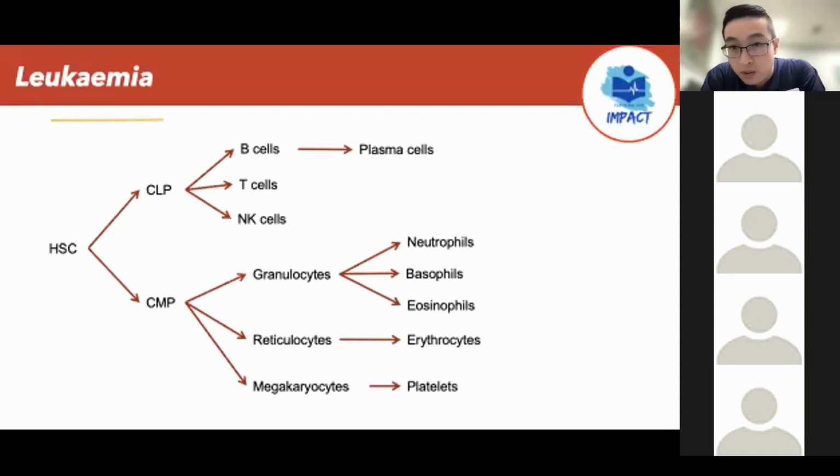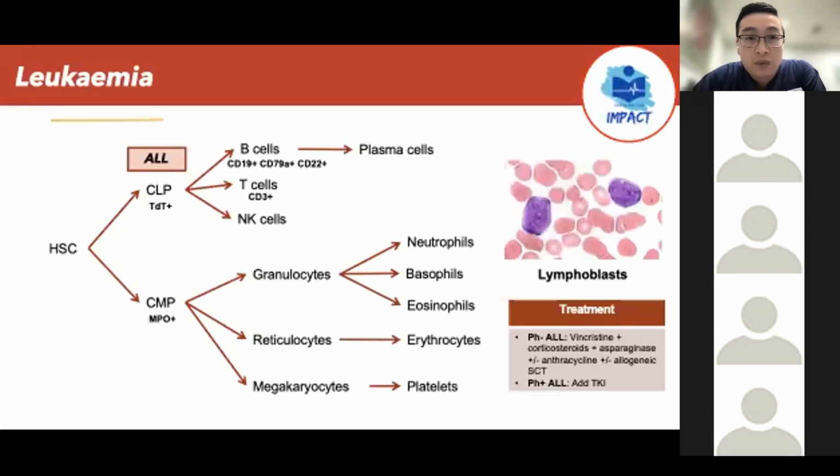Conversely, the later on in this differentiation process a cancer cell arises, the more chronic the presentation, but it's less responsive to chemotherapy, which targets rapidly dividing cells. So hopefully that all makes sense so far. I'm going to walk through some of the most common types of leukemias now.